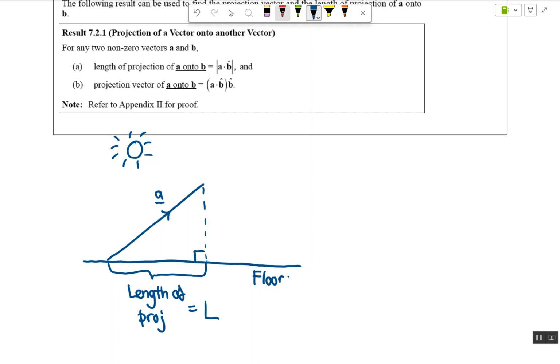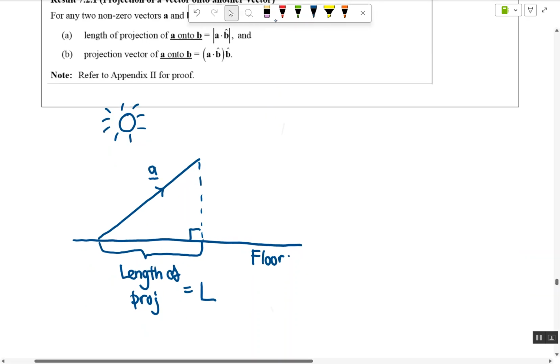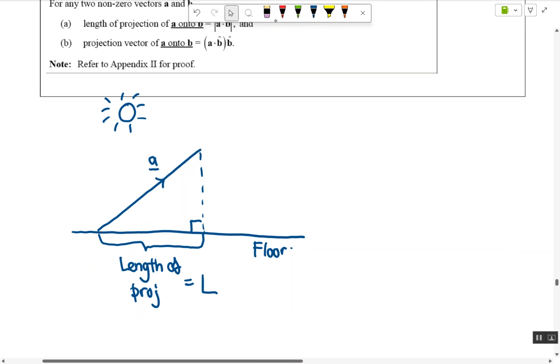Now, I do not know what is the vector of L. If I know what is the vector of L, then it will be easy. I can just go and find out the magnitude of L, and that's it. I do not know the vector of L. I may know a certain vector that is called B, that runs something like this.